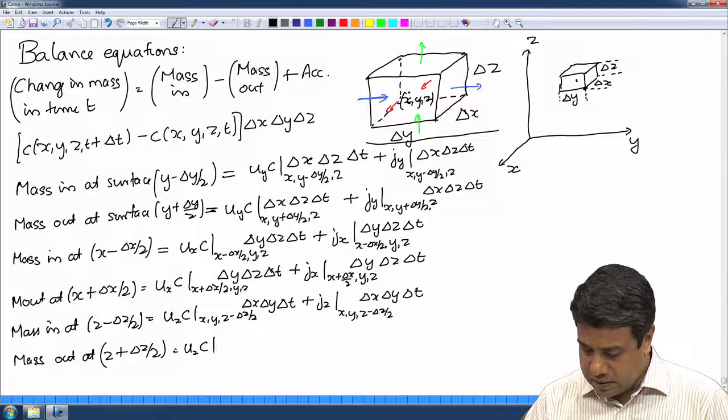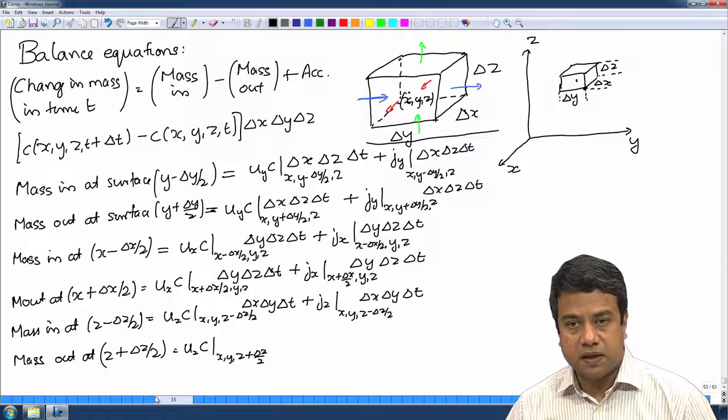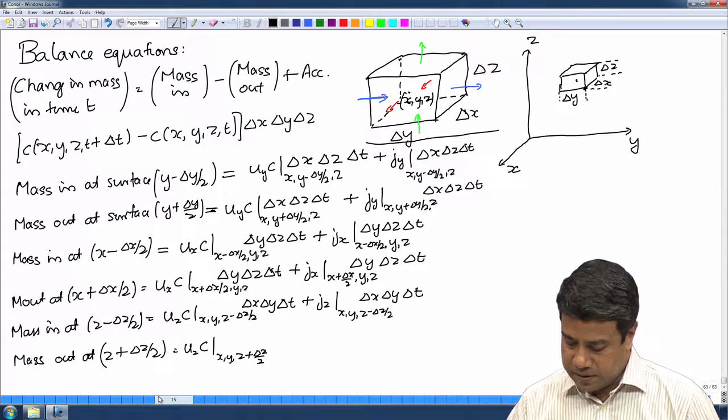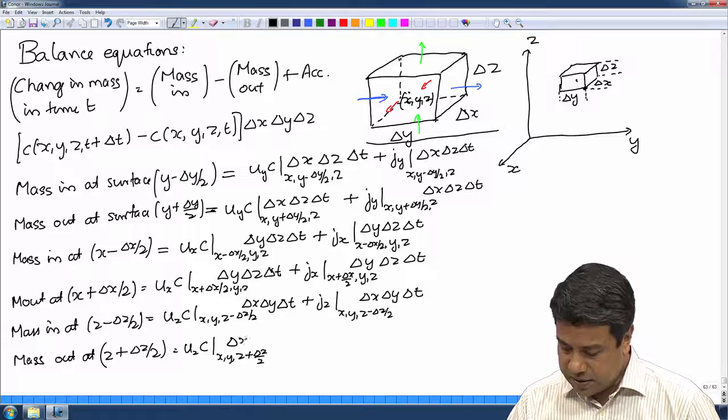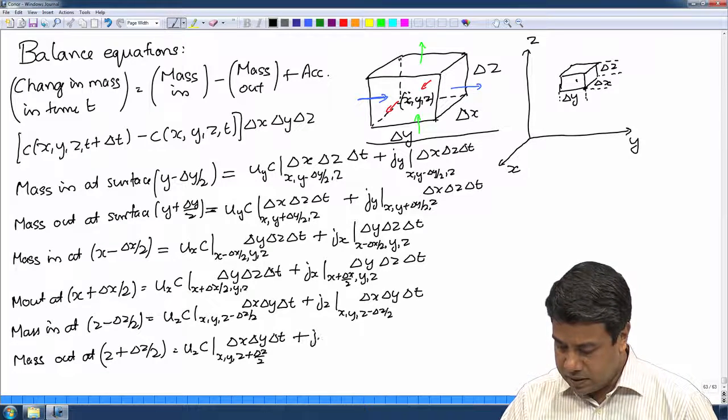u_z times concentration at (x, y, z plus delta z by 2), that is the mass leaving at the surface on top, at z plus delta z by 2, times the surface area delta x, delta y, delta t, plus j_z at that location.